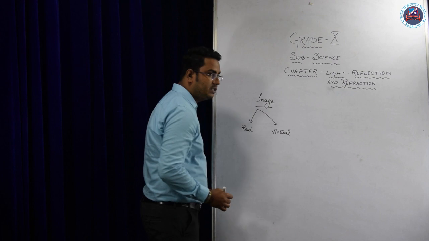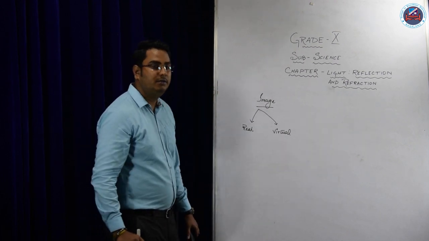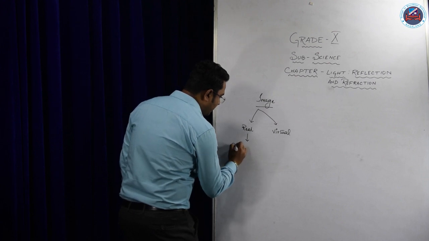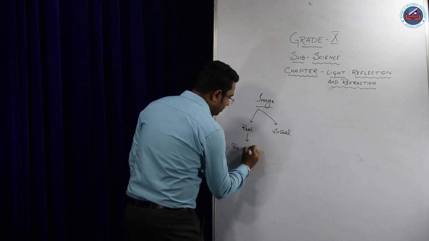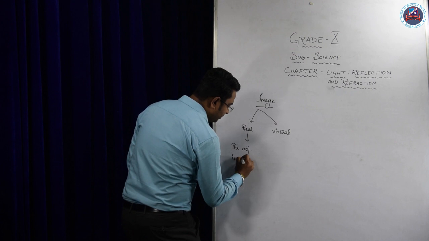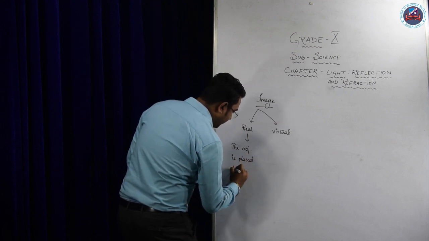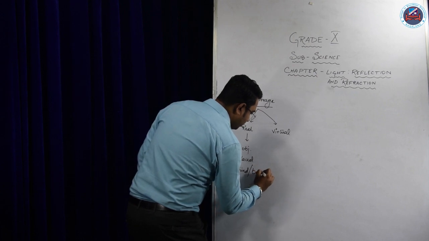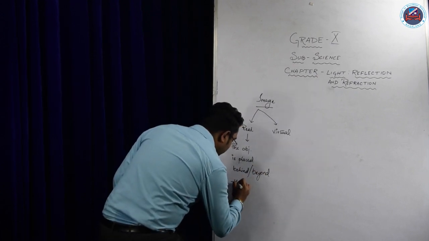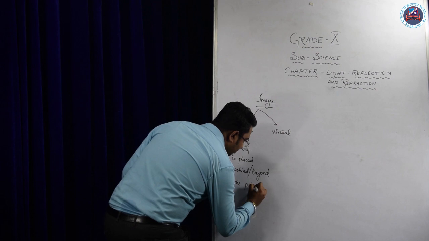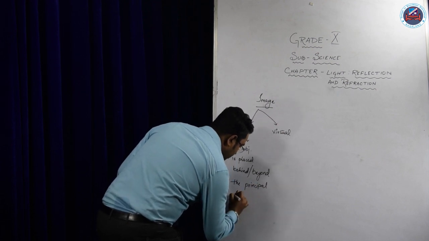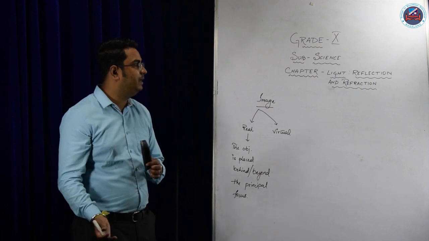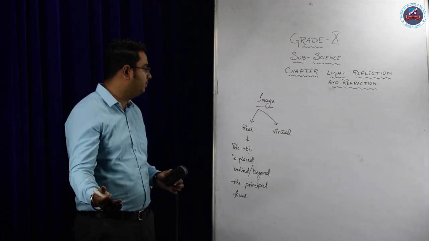What is a real image? You will get a real image whenever the object is placed behind, or beyond, the principal focus.